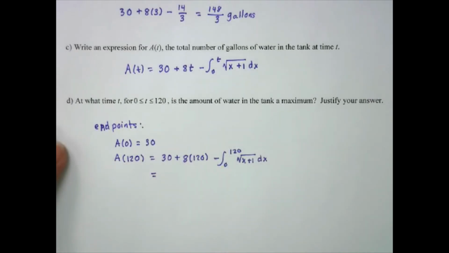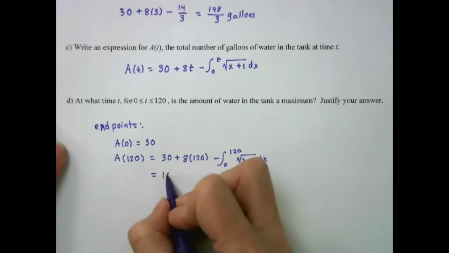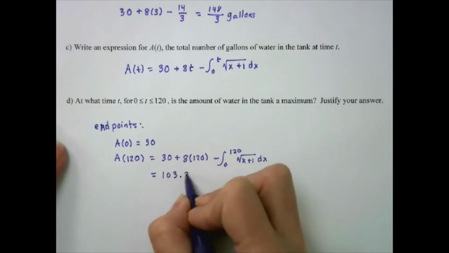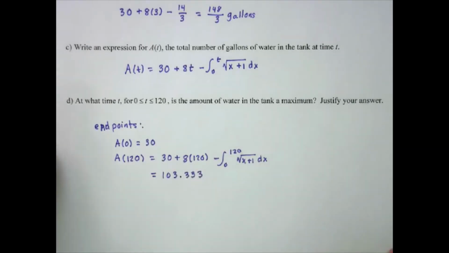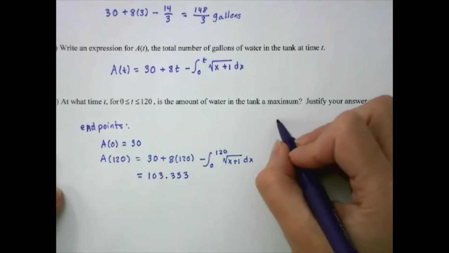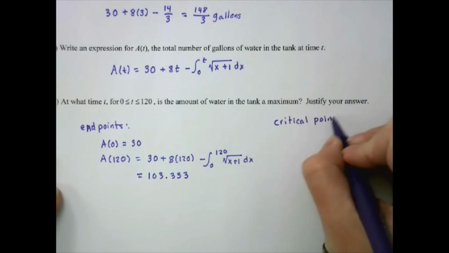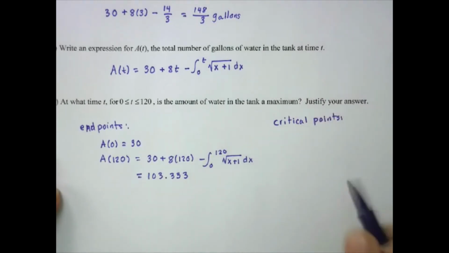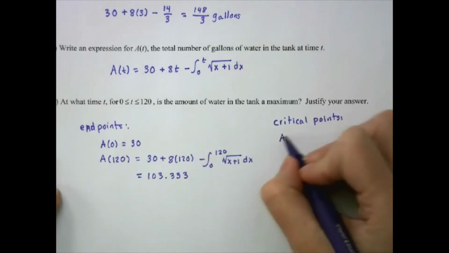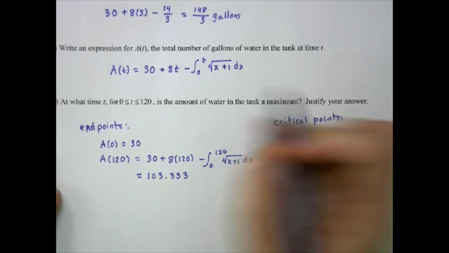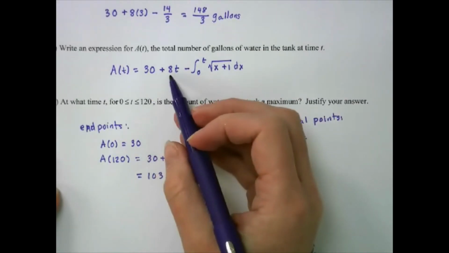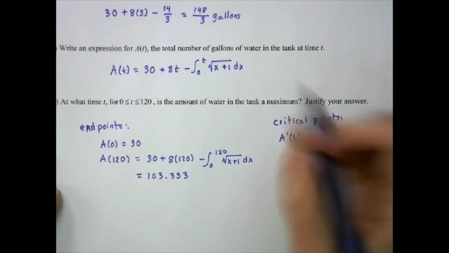Okay, when you do all of that math, you're going to get 103.333. Okay, we also then need to take into consideration the critical point, or points if there's more than one. So we're going to take this derivative. Derivative of 30 is 0. Derivative of 8t is 8.